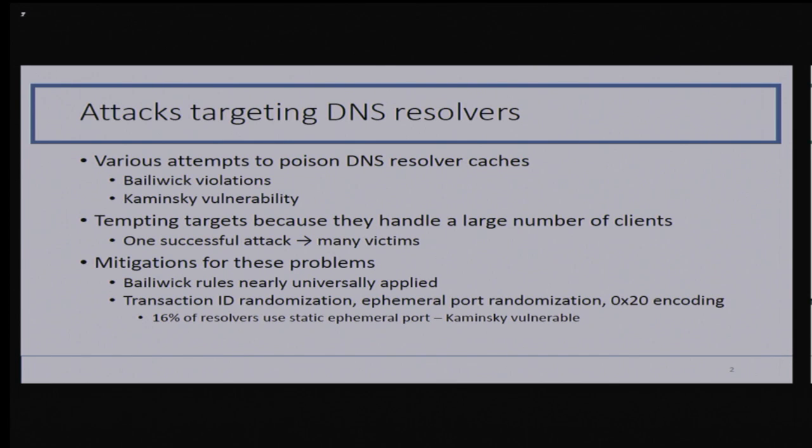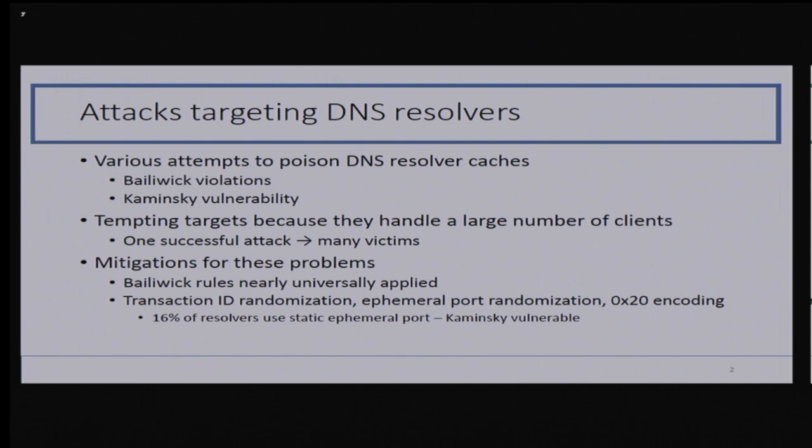And most servers are patched to perform ephemeral port randomization. We still found 16% of resolvers are unpatched, but we also found a positive correlation between the likelihood that a server is patched and the number of users the server supports. So that 16% of resolvers actually count for far fewer people.